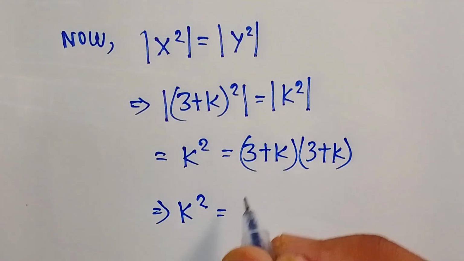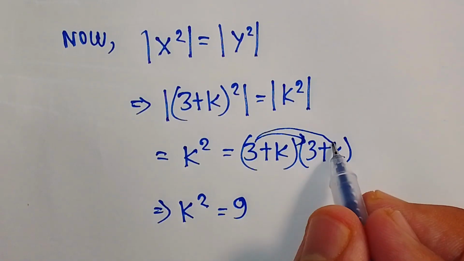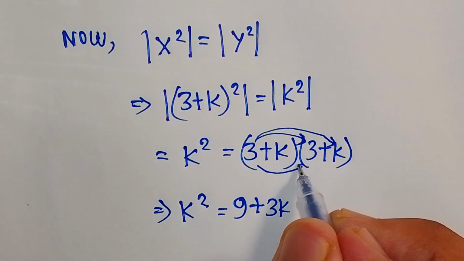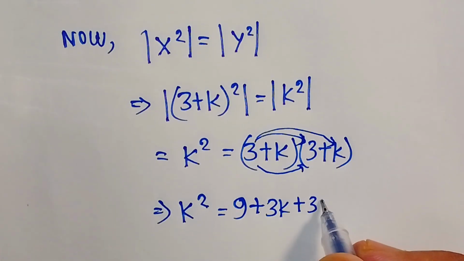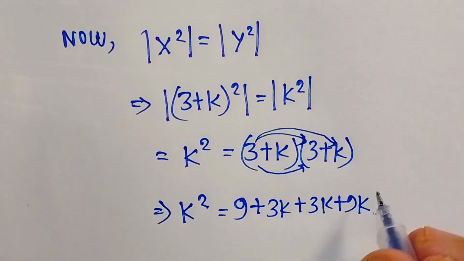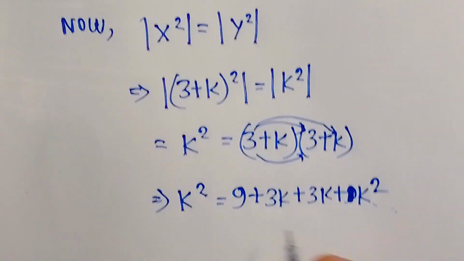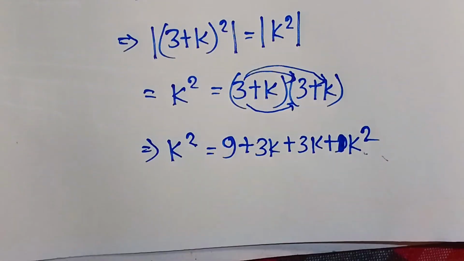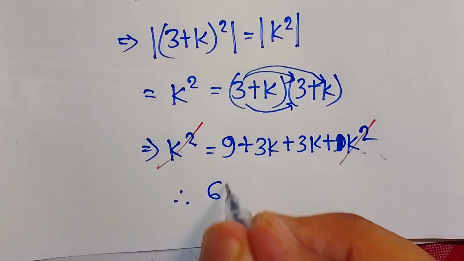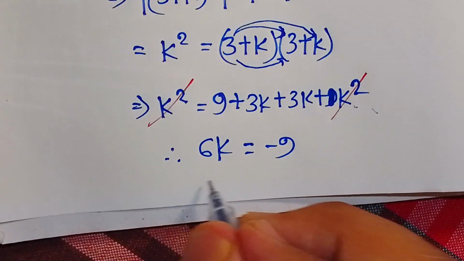So now we can write k square, 3 times 3 equals 9, and 3 times k will be plus 3k, and 3 times 3 will be 9. So I just made a mistake, it will be only k square. It's okay. Now this k square and this k square will be cancelled out, then we can write 6k is equal to minus 9.